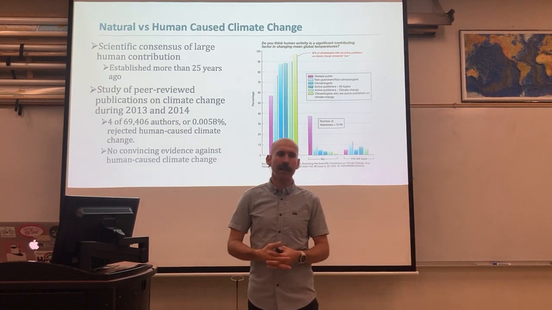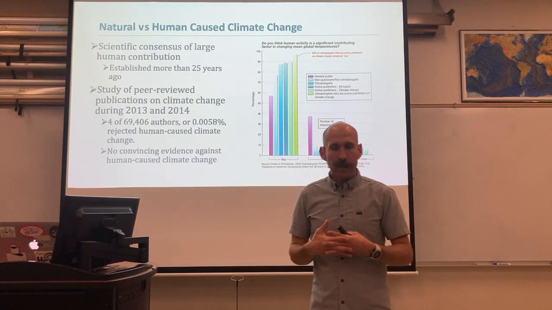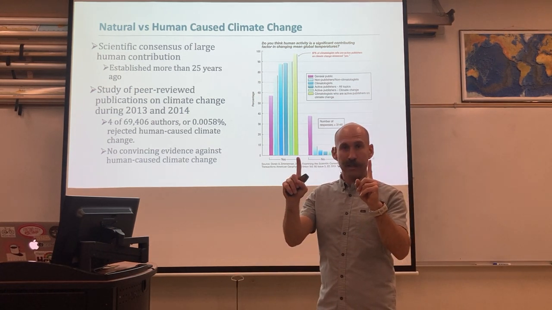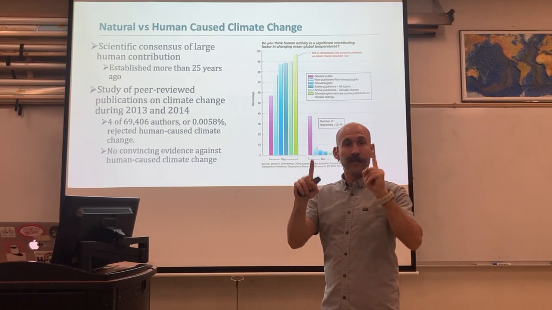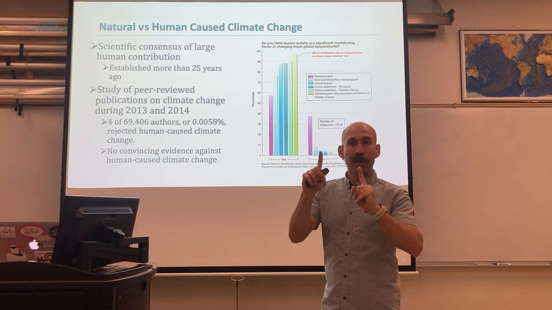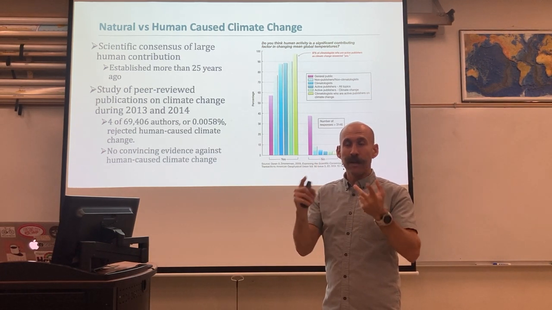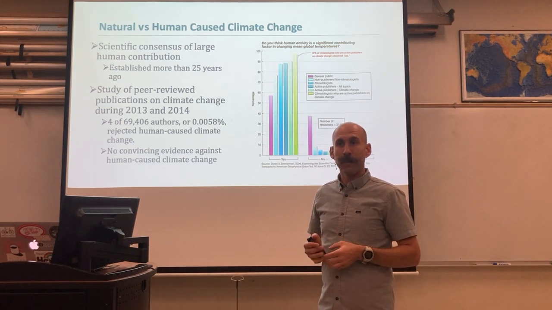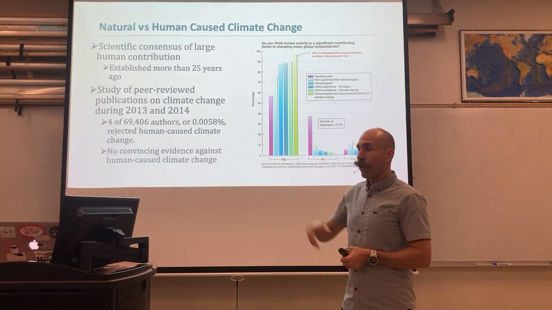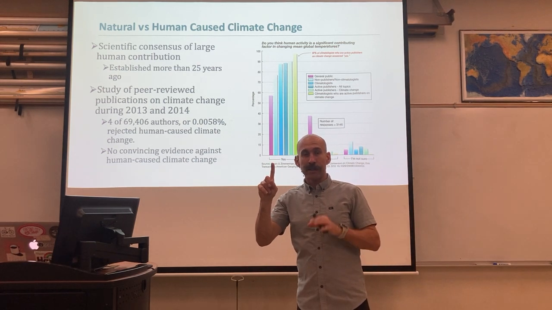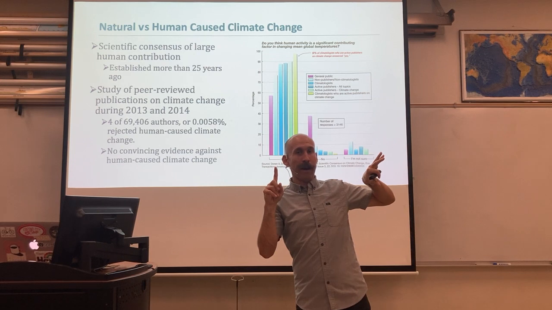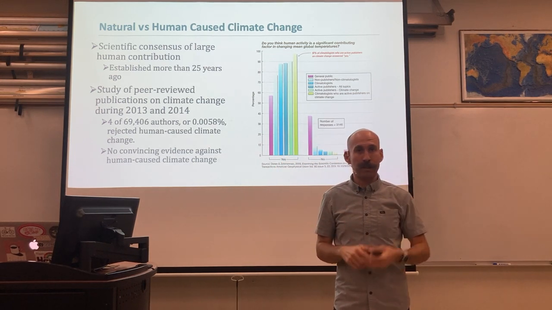So when you see a discussion of one scientist versus one scientist on the validity of global climate change, it's not really a fair depiction of what's happening. If you had one scientist discussing with 99 scientists, that would be more fair. That would be a more accurate representation.